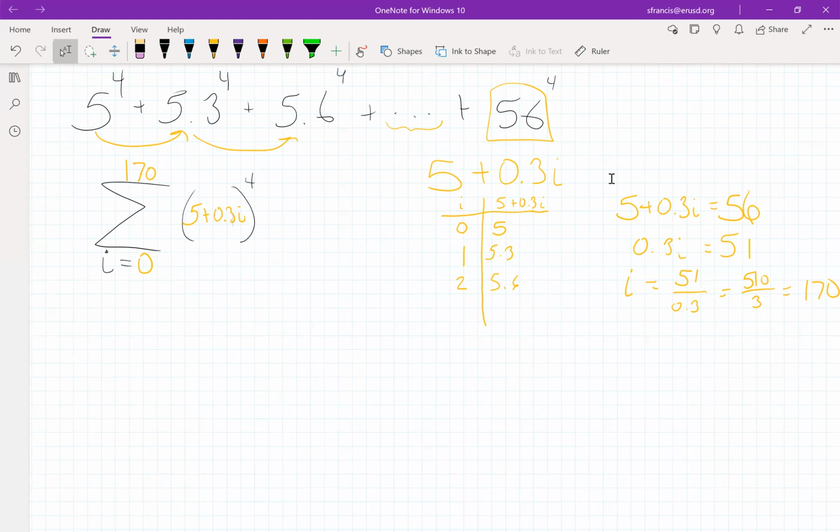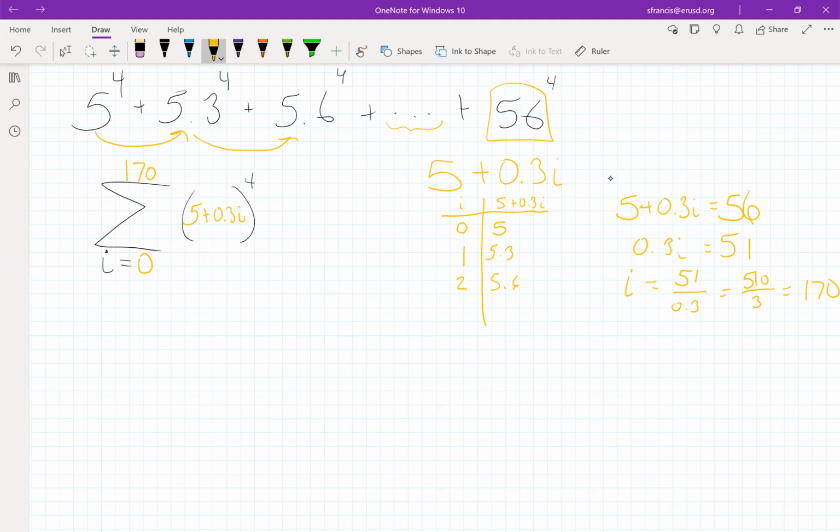How did I know that we're going to start at 0? Because that's the way I created it. I know that's not a very good answer. But notice that my first term is 5. And then I wrote my expression as 5 plus the delta, the amount it's changing each time.